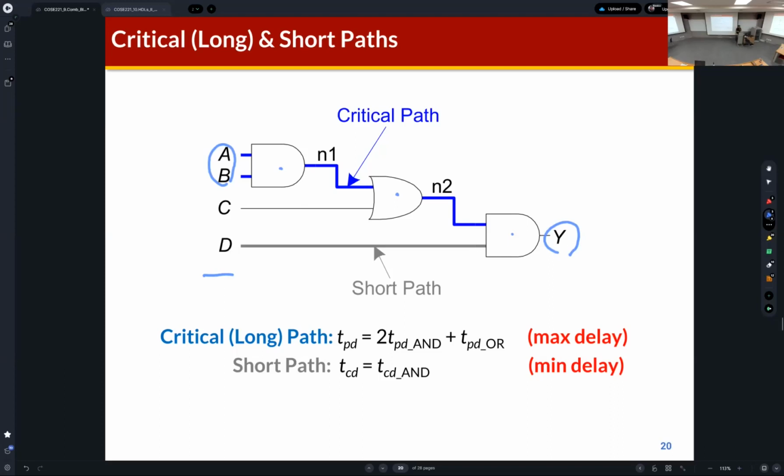And then these are combinational logic, which means that this logic also has a delay, like delta t, and delta t. Okay?